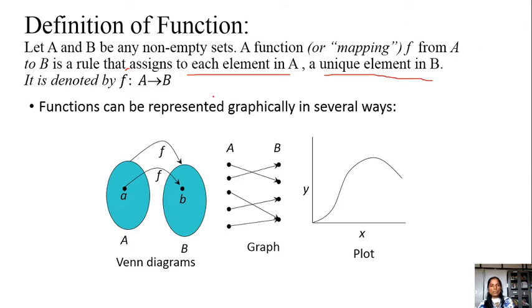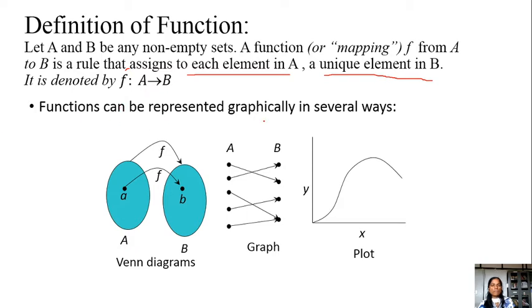It is denoted by f colon A to B, and we read this as f is a function from set A to set B.